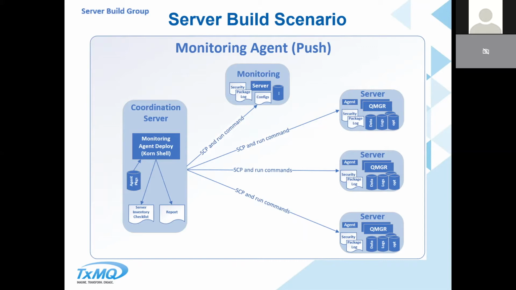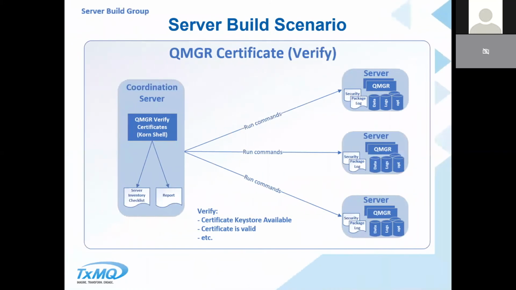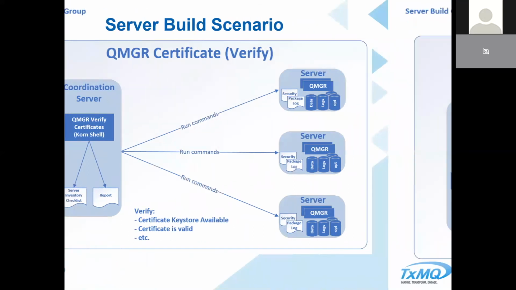In this case right here, everyone should have monitoring established as well. You notice from the previous slide, we didn't have a monitoring server involved yet, because that one was just involving a queue manager certificate.